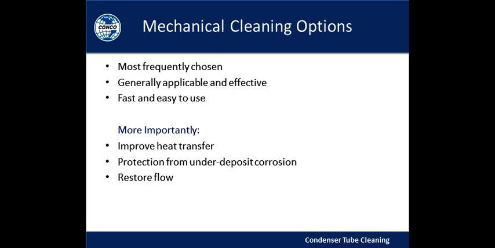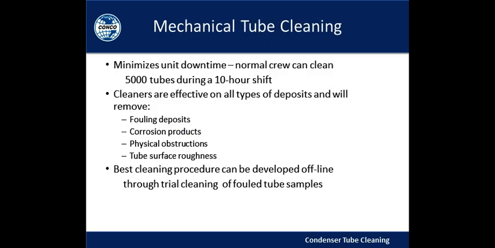Flow is then restored, and the efficiency of the condenser is returned to its as-new state. Now, you might say, how quickly can that be done? Well, it minimizes unit downtime because 5,000 tubes can be cleaned during a 10-hour shift. Well, that's rather rapid. So, if you double the shift, you can actually clean 10,000 tubes in a day.